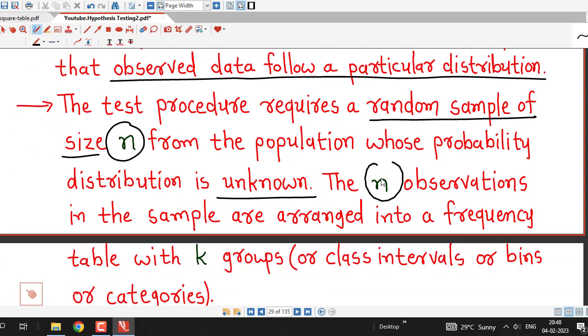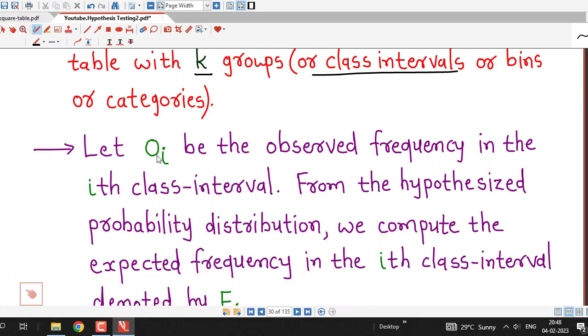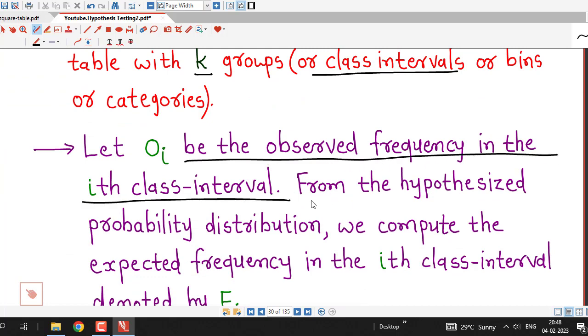The n observations in the sample are arranged into a frequency distribution with k groups or class intervals or bins or categories. Let O suffix i be the observed frequency in the ith class interval from the hypothesized probability distribution.